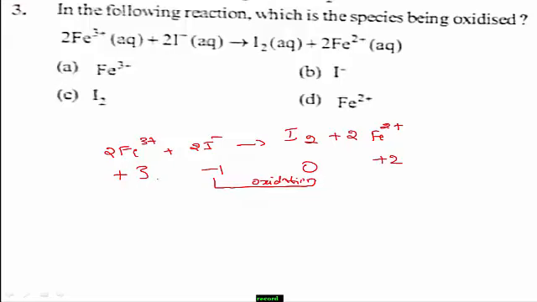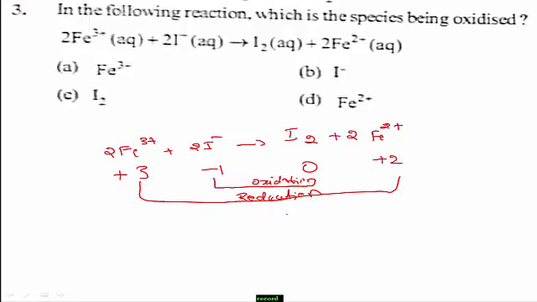For Fe3+, the oxidation number changes from +3 to +2, which means reduction takes place here. But I think you already know, in the presence of an oxidizing agent, reduction takes place, but in the presence of a reducing agent, oxidation takes place. Which one is the right answer?